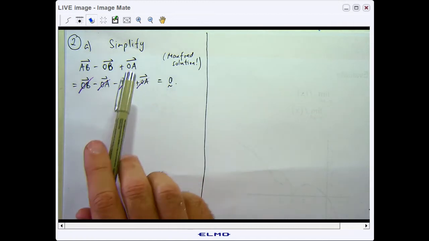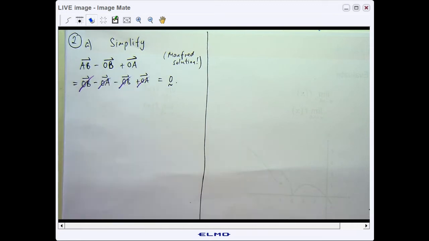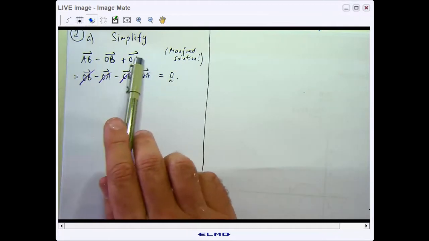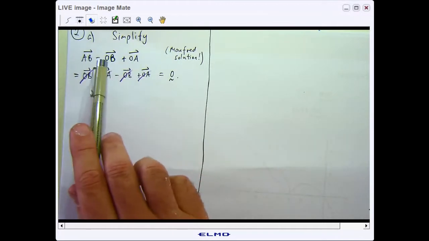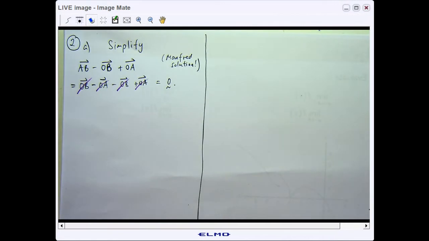Right, Yuan Hao, sum up OB and OA. So instead of working with this, we work with these 2 terms. And what are we going to get? Negative AB. So that's another algebraic way of doing it, right? Thanks, Yuan Hao. What about another way?